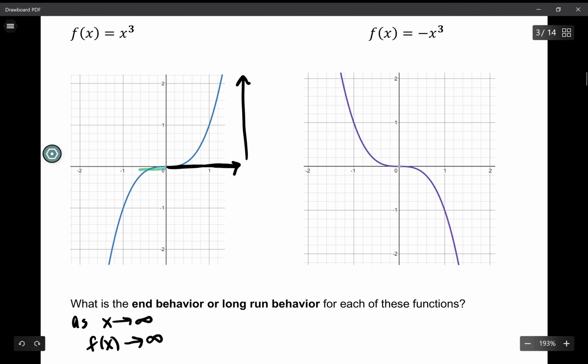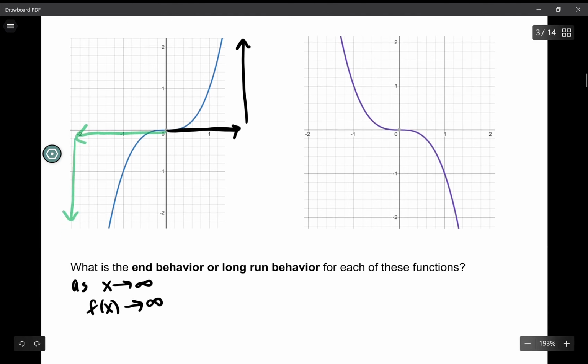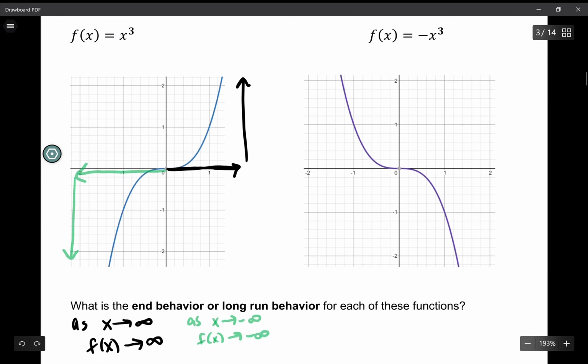The function goes down. So this one's different. The end behavior isn't the same. As x goes to infinity, f of x goes to infinity, and as x goes to minus infinity, f of x goes to minus infinity. Here we are shooting off to negative infinity as x gets really small, and here we are shooting up to infinity as x gets large.